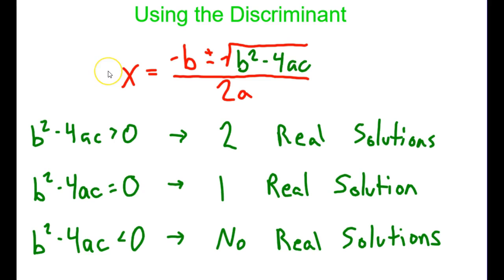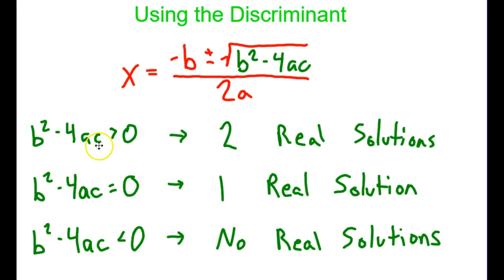If you look, we have the quadratic formula, x equals -b plus or minus the square root of b squared minus 4ac, all divided by 2 times a. The portion underneath the radical sign, b squared minus 4ac, that's called the discriminant. It has a special purpose because it allows us to determine how many real solutions there are to a quadratic equation.